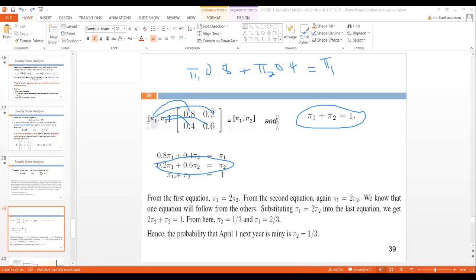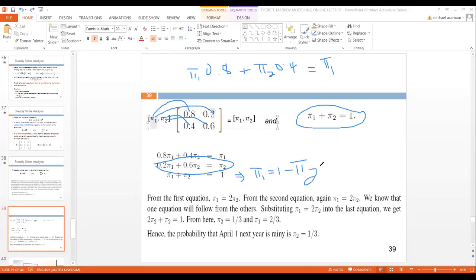So we have pi 1 plus pi 2 is equal to 1. And doing so implies from this equation, we can tell that pi 1 is equal to 1 minus pi 2. Good.